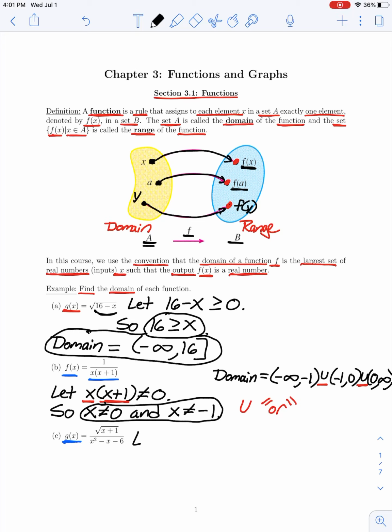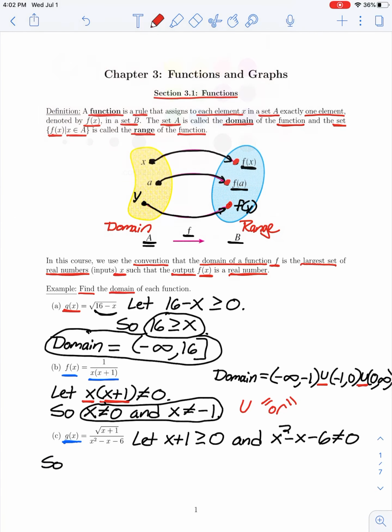So we need the expression under the square root, that is x plus 1, to be non-negative, that is greater than or equal to 0. And I can't have division by 0, so my denominator, which is x squared minus x minus 6, cannot be equal to 0. So let's find our conditions on x.